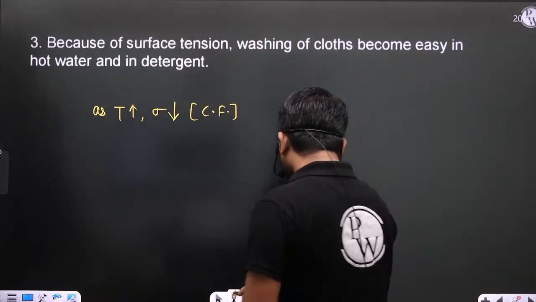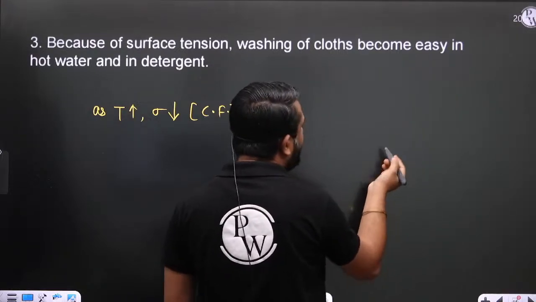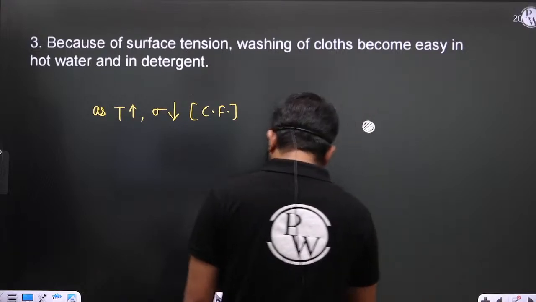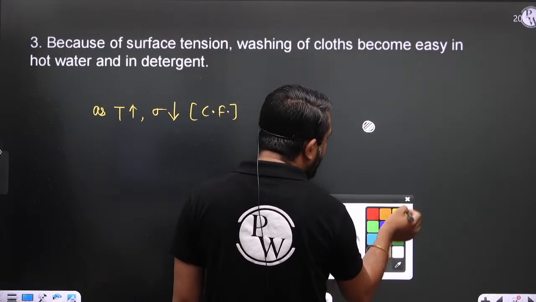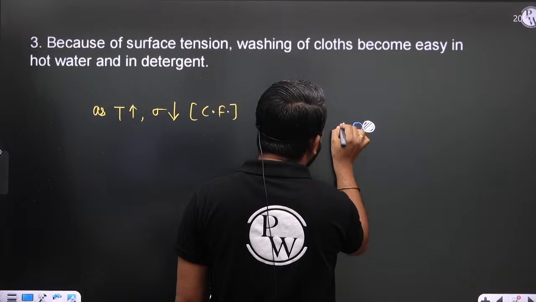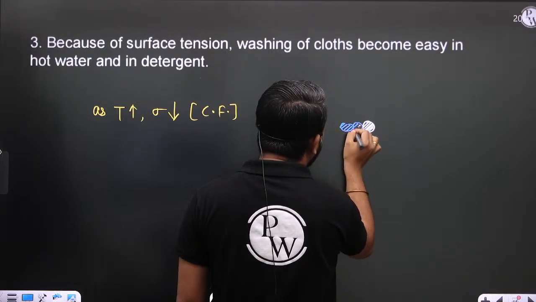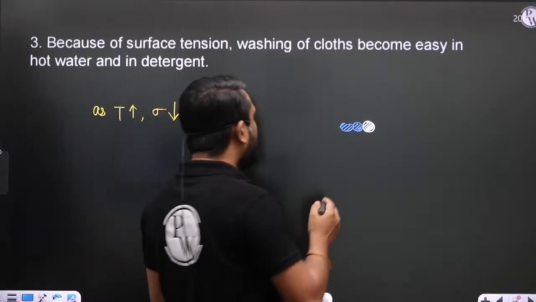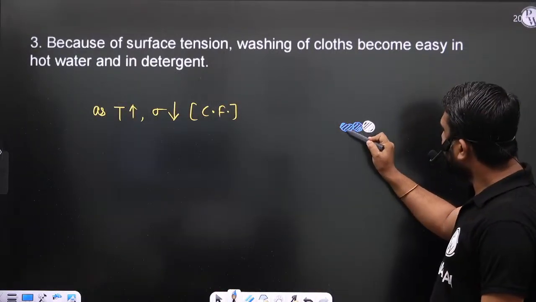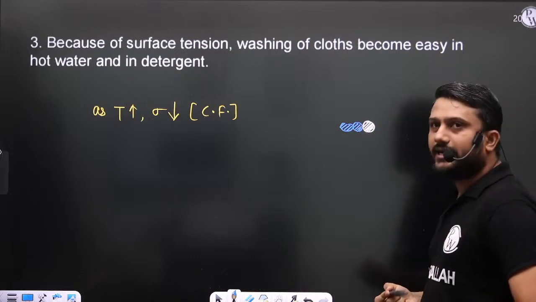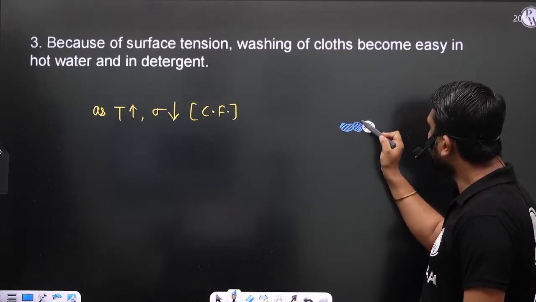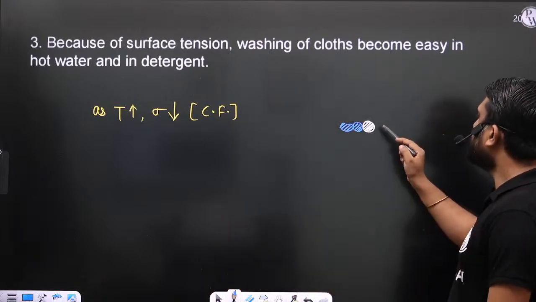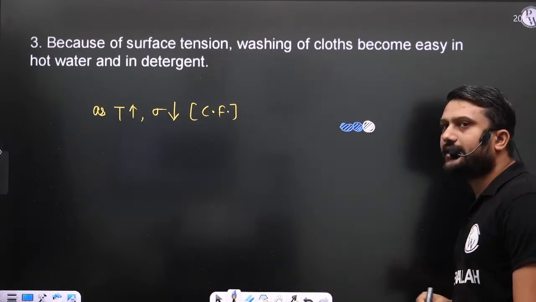Let us consider that in a cloth, this is the dirt particle and these are the water particles. The intermolecular attraction force between water particles is a cohesive force, whereas the intermolecular attraction force between the dirt particle and the water particle is the adhesive force.